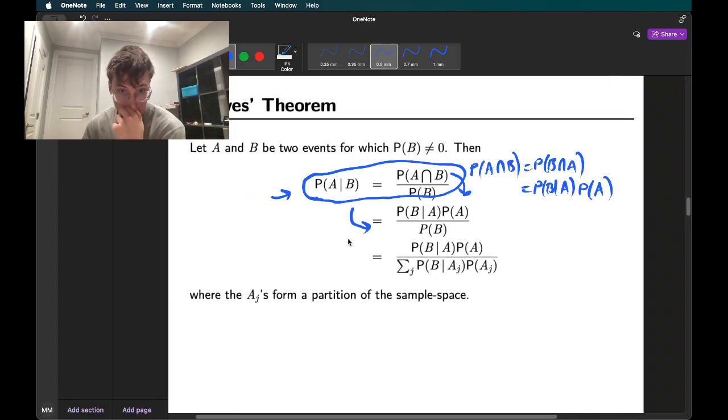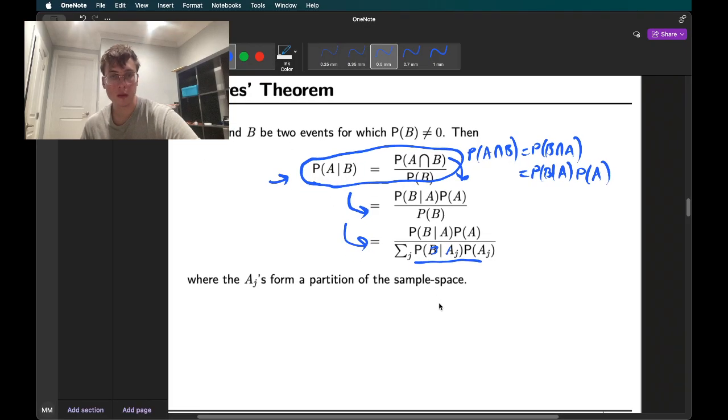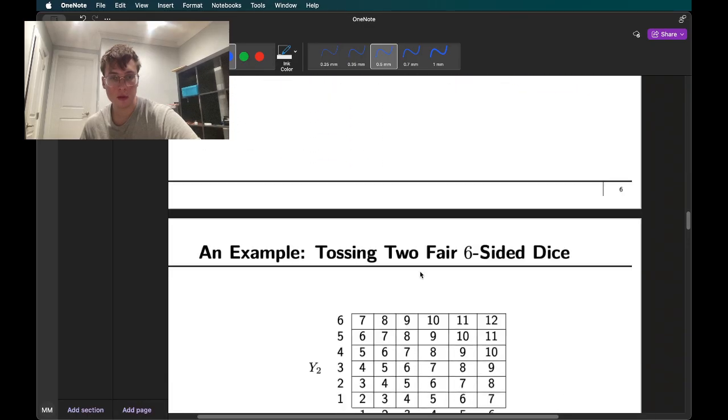And then finally he goes into this, which is just the bottom. He's replacing it with a partition of AJ, so he's going over all the possible AJ and then doing this. So let's go over an example, and I'm going to go over what each of these three represent.